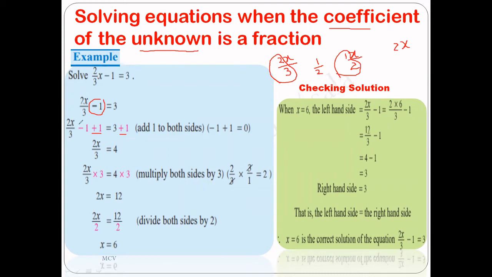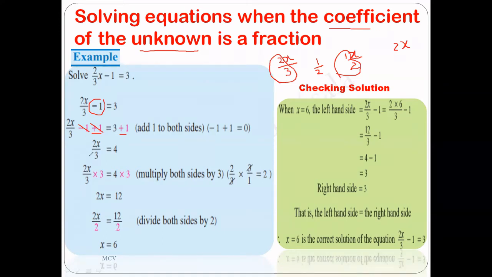Then you can cancel this minus 1 with this plus 1. Then 2x over 3 remains in the left hand side. 3 plus 1 is equal to 4.